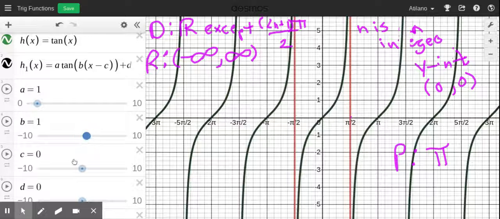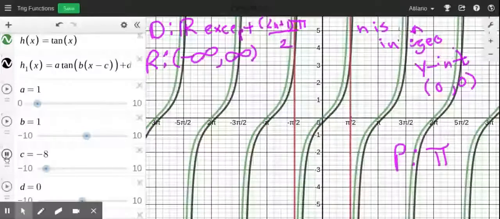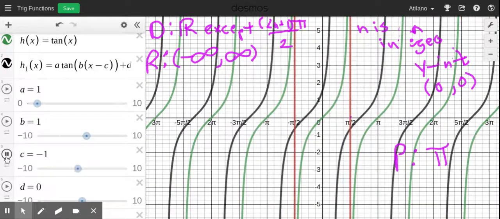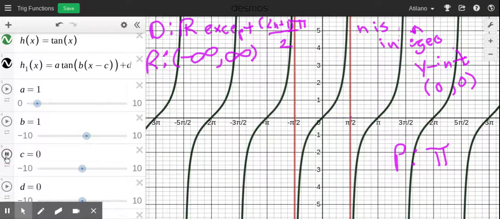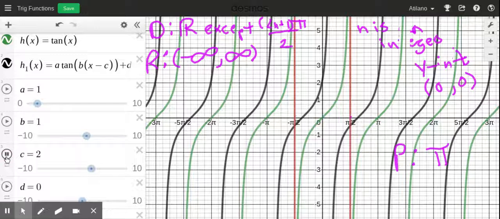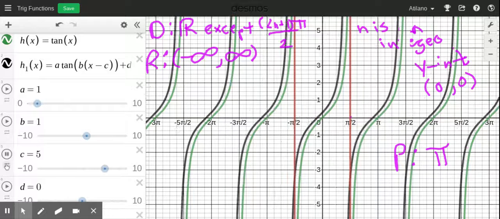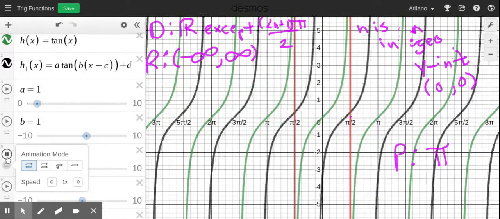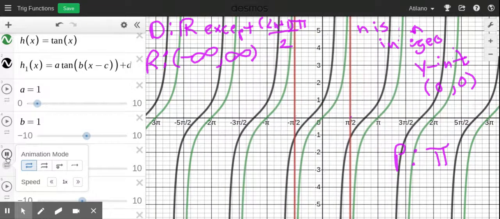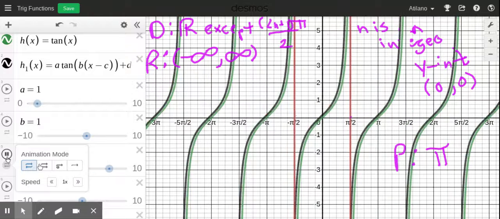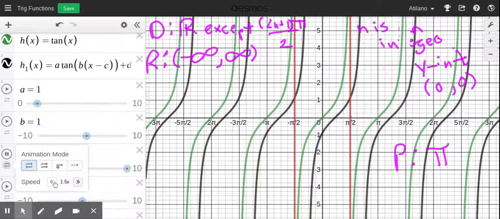So now let's see what happens when we mess with c. If I let it play, it looks like it's moving up or down, or moving diagonally, but it's really not. Actually, let me slow down.